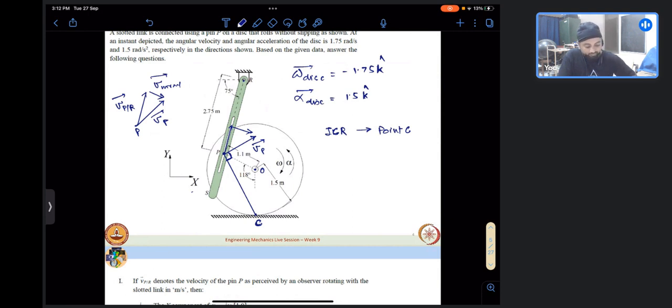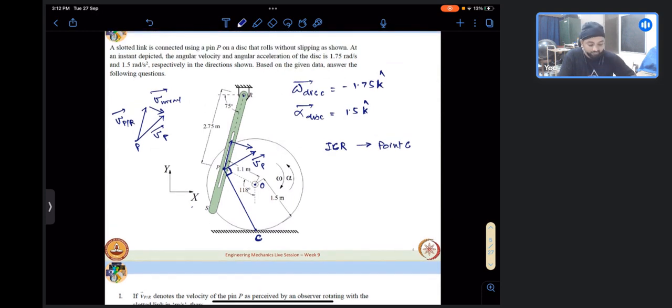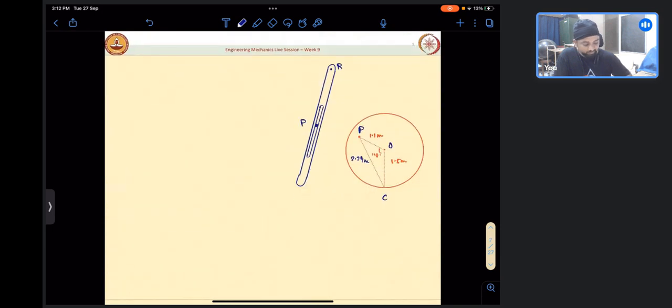First, we are supposed to compute the absolute velocity of P based on the constraints given, the constraints being that it is rolling without slipping and the dimensions are given. Let us go ahead and do that. I have drawn this for convenience.